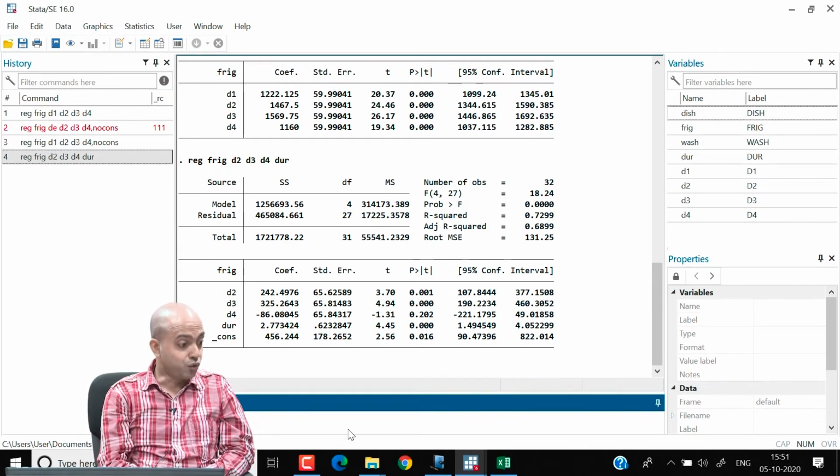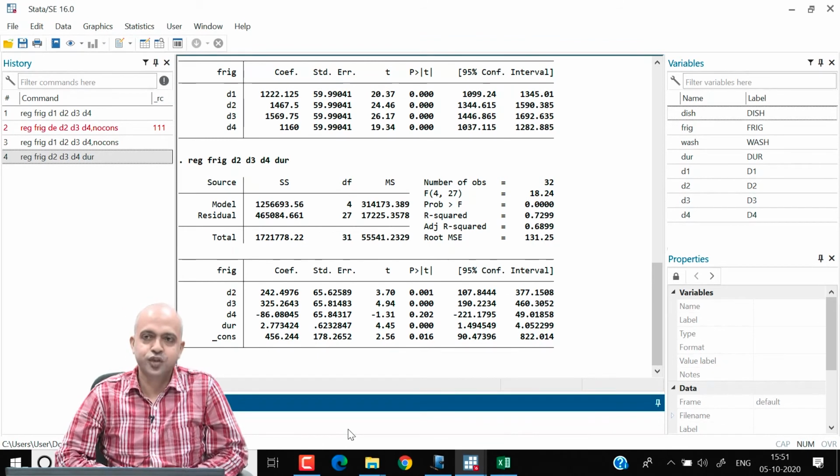Okay, and it also shows that the impact of the quantitative covariate, which is expenditure on durables, is highly significant. For every additional unit of expenditure on durables, your sales in refrigerator increase by 2.77 units.